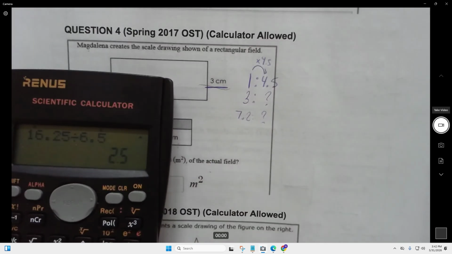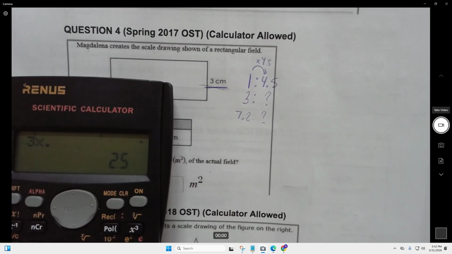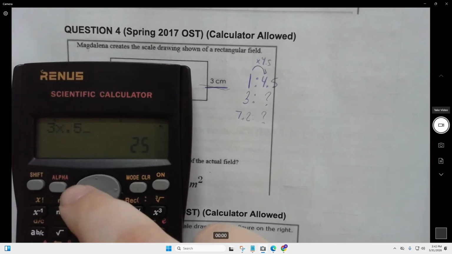So to get from 1 to 4.5 via multiplication, you multiply by 4.5. So we're going to do 3 times 4.5, which equals 13.5.